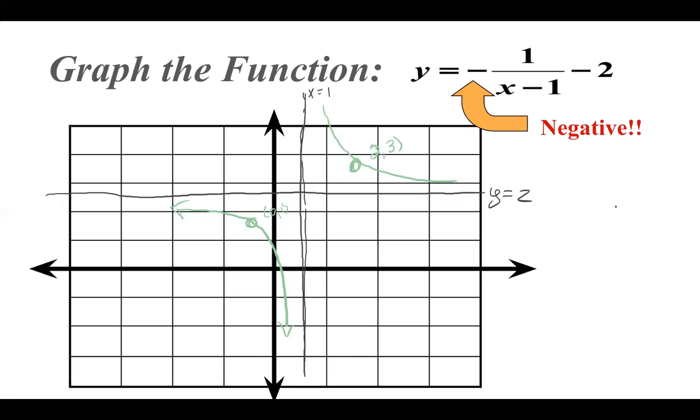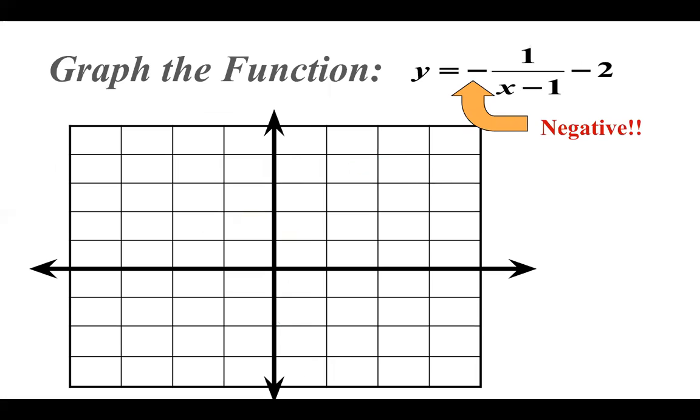Now, if it happens to be negative, this is our vertical asymptote at x equals 1, because that's opposite. And then minus 2, which is down here, is my horizontal one at y equals negative 2.